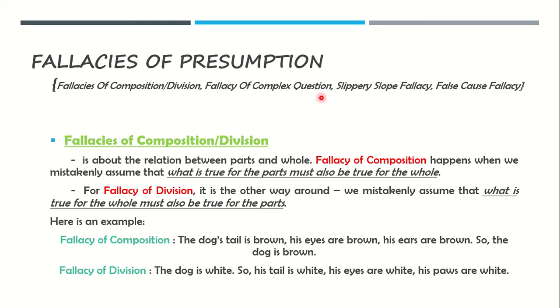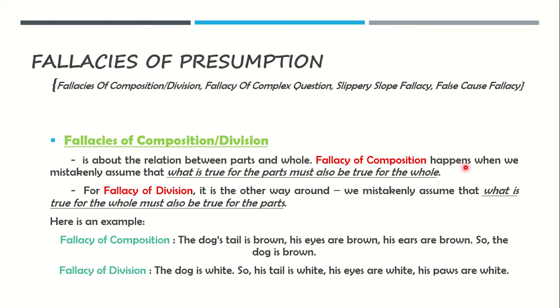Third, slippery slope fallacy. And the fourth, the false cause fallacy. Let us deal first with the fallacies of composition and division. These fallacies are about the relation between parts and whole.